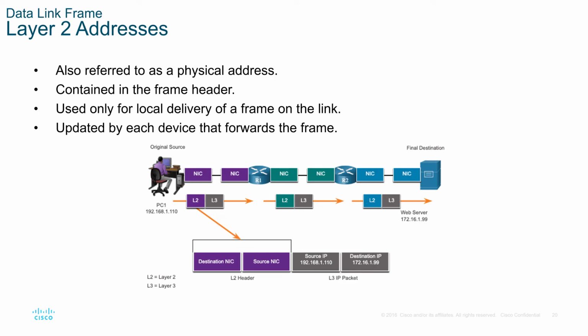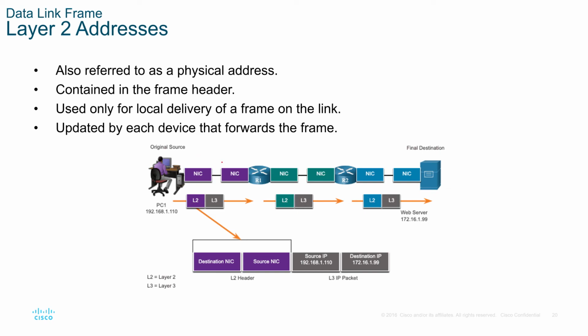Layer 2 addresses are referred to as physical addresses, and they are contained in the frame header. These are used only for local delivery of a frame on a link, and they are updated by each device that forwards the frame. As we can see here, the original source NIC would be the MAC address of PC1.